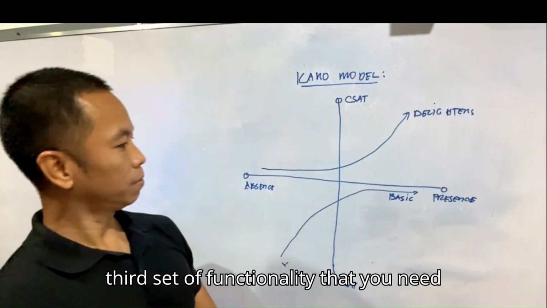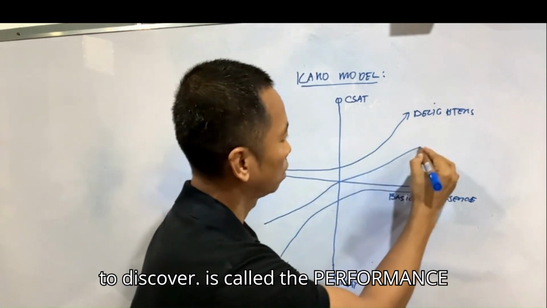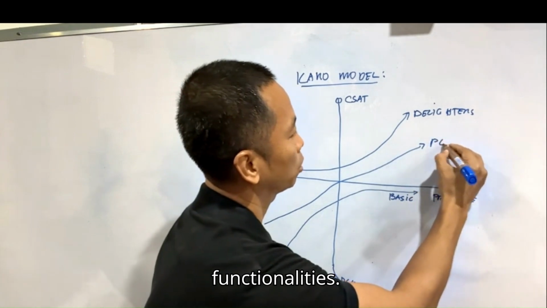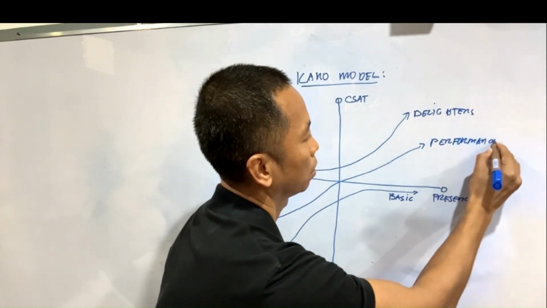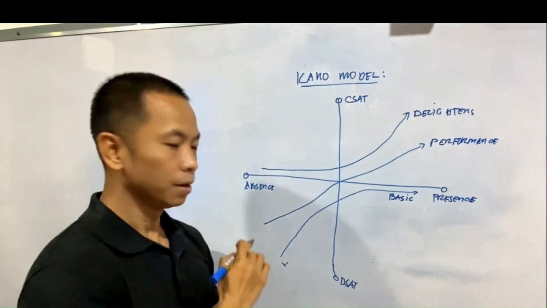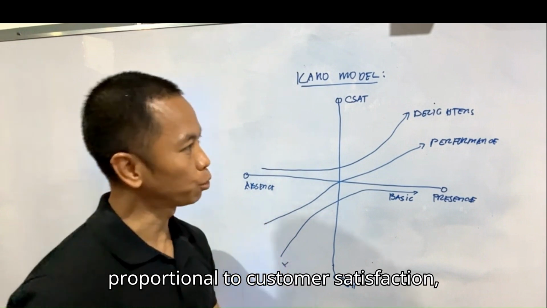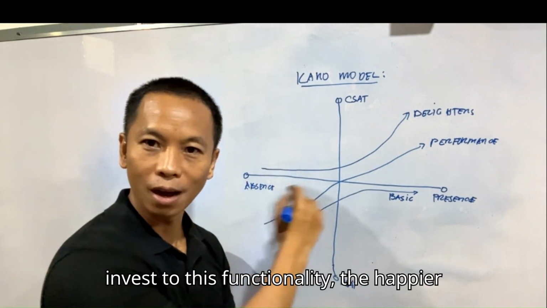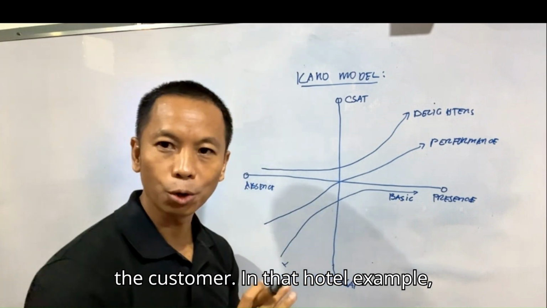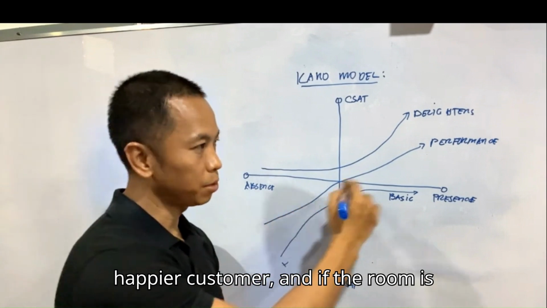Now, the third set of functionality that you need to discover is called the performance functionalities. This set of functionalities is directly proportional to customer satisfaction, meaning the more you invest, the happier the customer. In that hotel example, if the room is spacious, it means a happier customer.